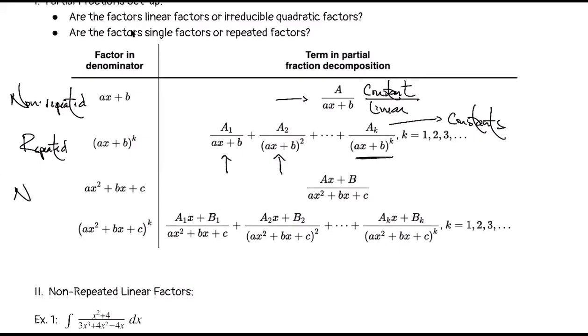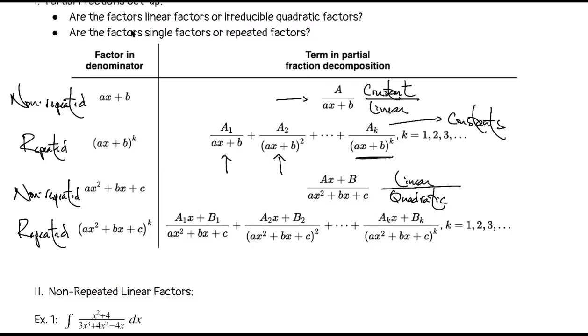You might have a non-repeated quadratic or a repeated quadratic. And with the non-repeated quadratic, our denominator is going to be quadratic, but our numerator is going to be 1 degree less. So not quadratic, but linear.